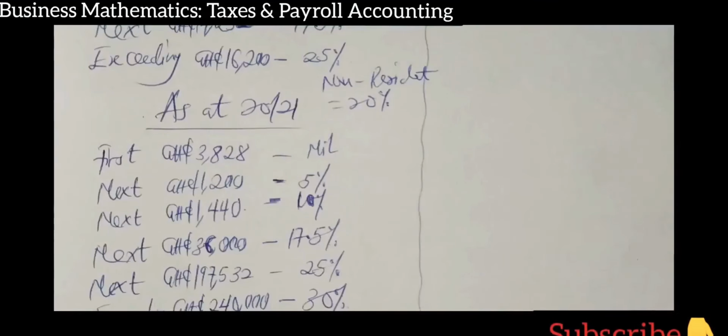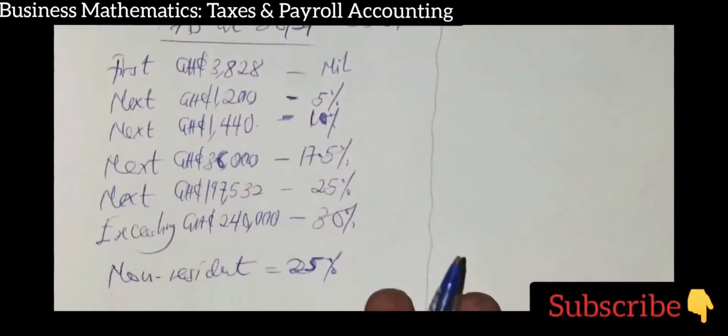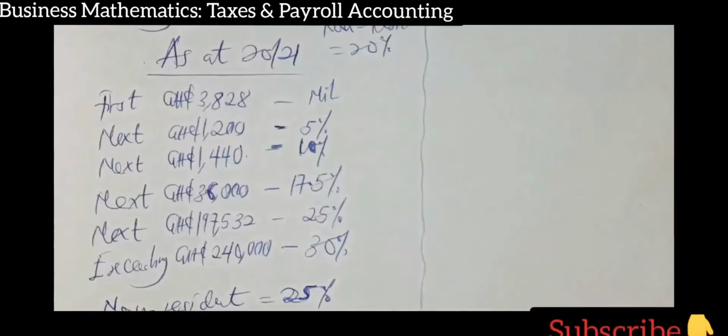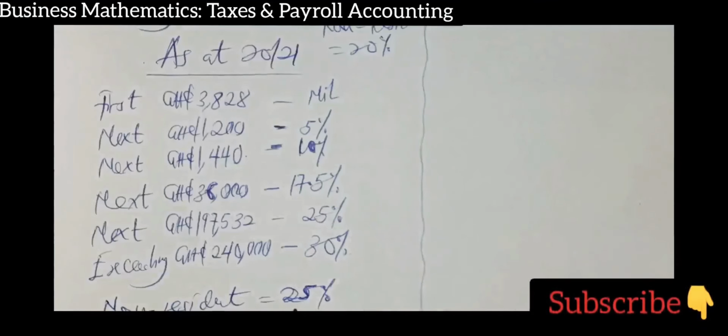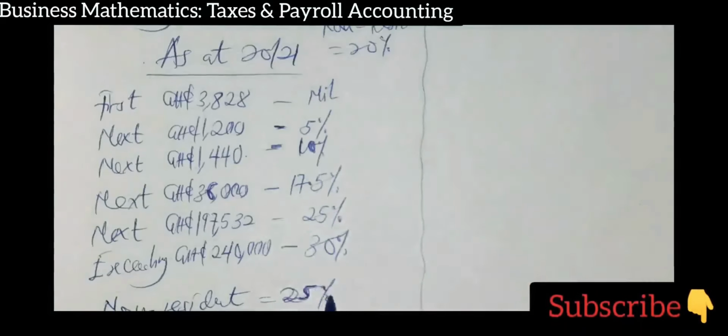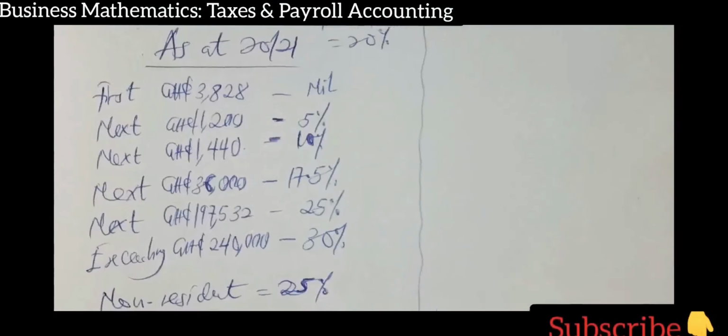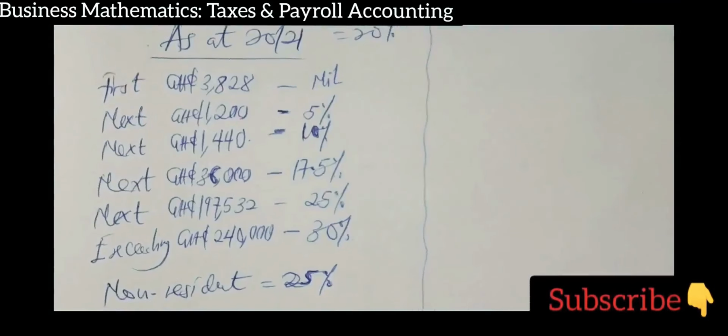But if you are not given any, we expect you to go by this system of progressive tax. So non-residents are at 25%, and these are the residents and their progressive tax law. So let's take a question and see how we can move with that.